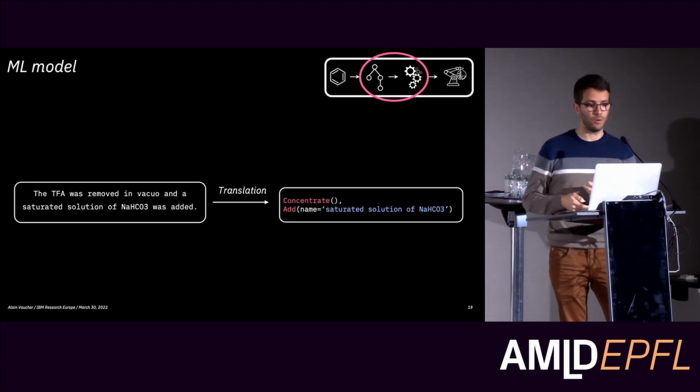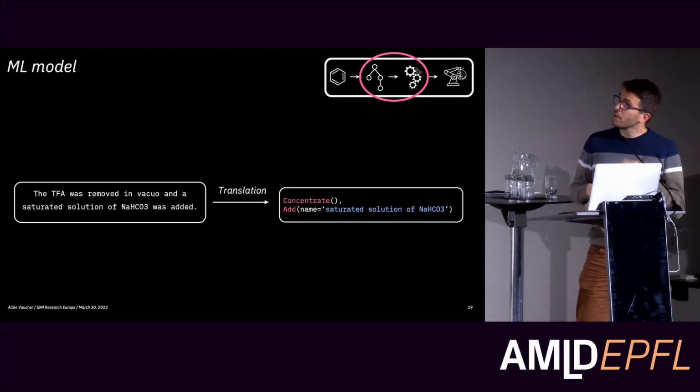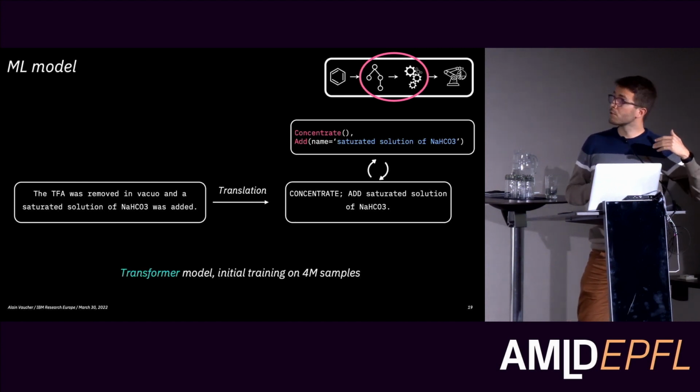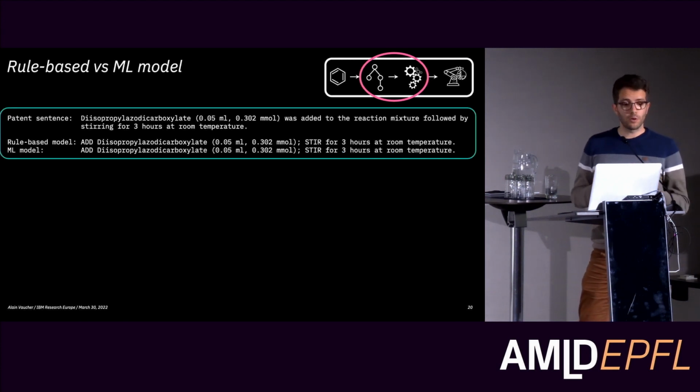the machine learning model. For the machine learning model, we also relied on a transformer model by formulating the task as a translation between the experimental text and a readable representation of the actions. So when training on those 4 million sentences, this worked actually quite well.